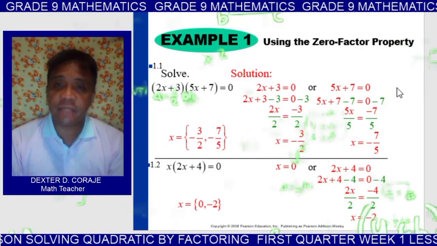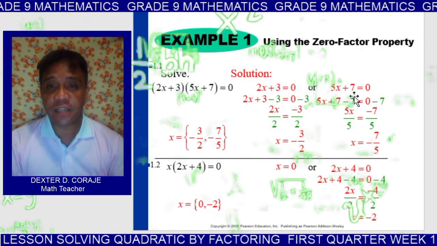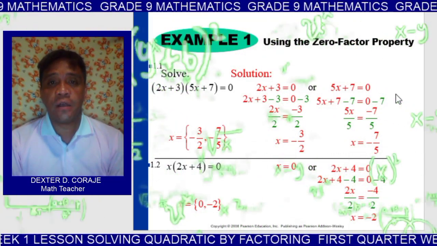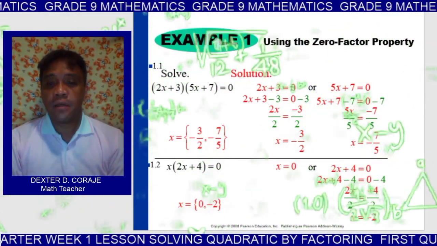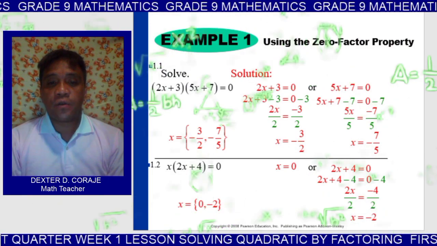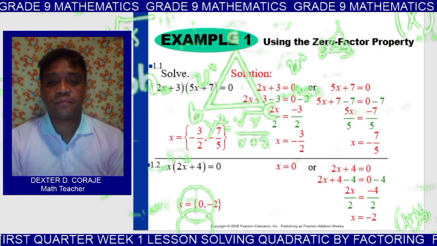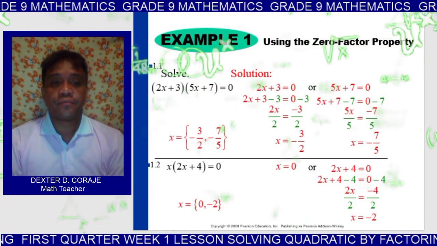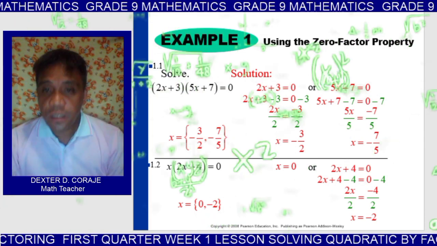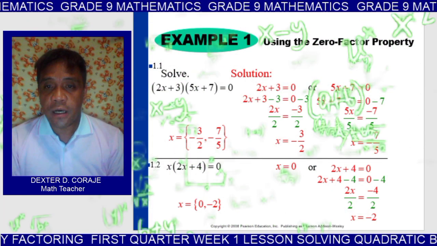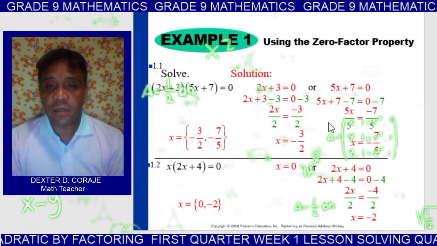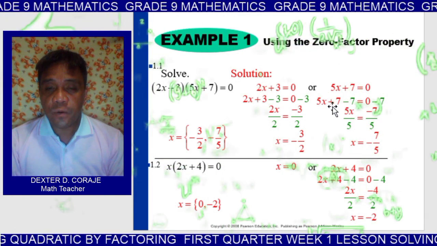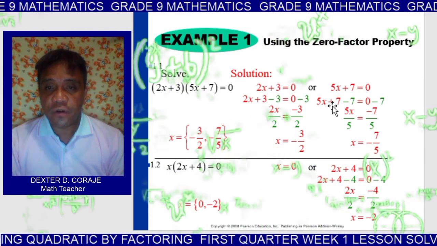For the second factor, we have 5x plus 7 equals 0, so we have 5x plus 7 minus 7 equals 0 minus 7, because we are looking for the additive inverse of plus 7.